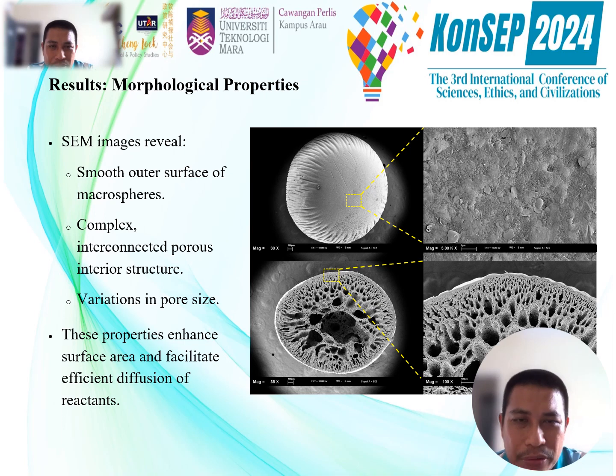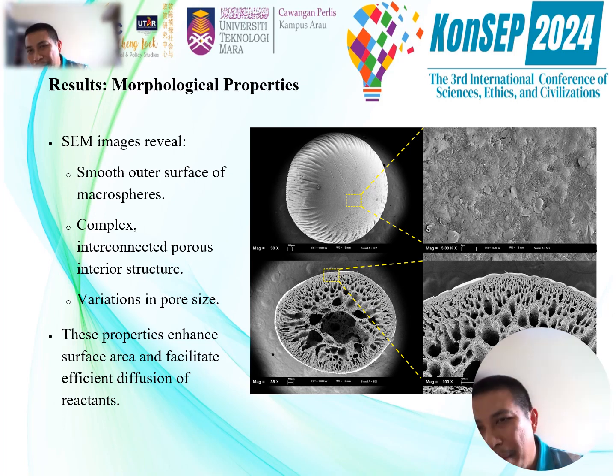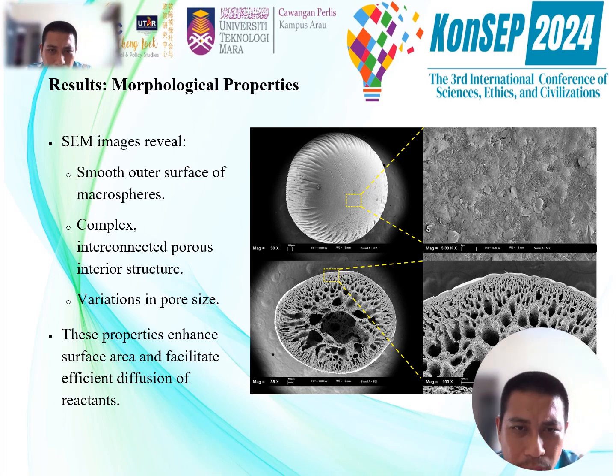However, if we go into detail, the inner structure of the microspheres as compared in these particular SEM images reveals a complex interconnected porous interior structure, which is really helpful in accommodating and immobilizing the iron oxide nanoparticles, and the variation in pore size ranges from micropore to mesopore and also macropore, so that it can assist the kinetics of the photo-Fenton reaction.